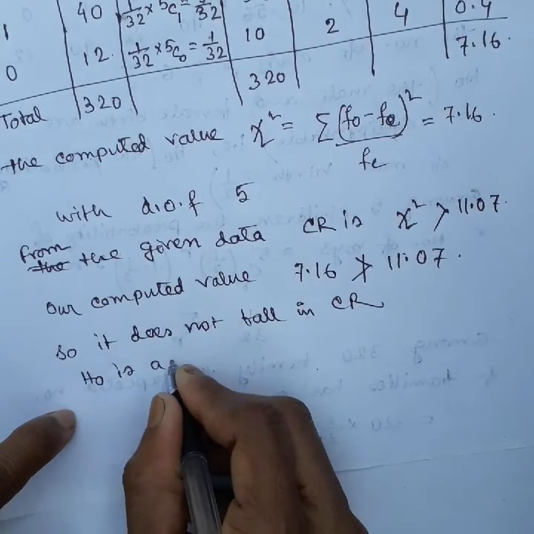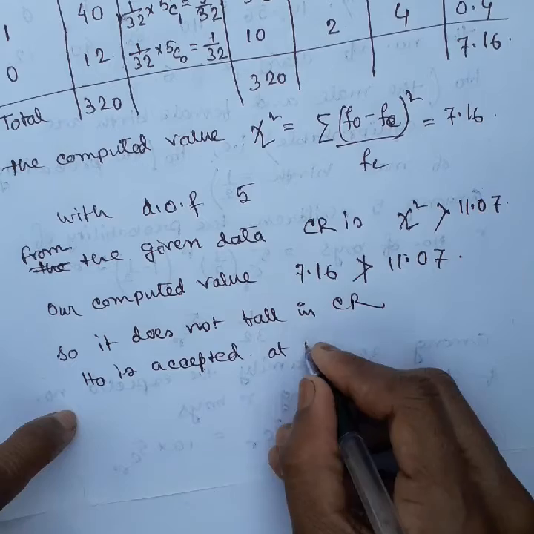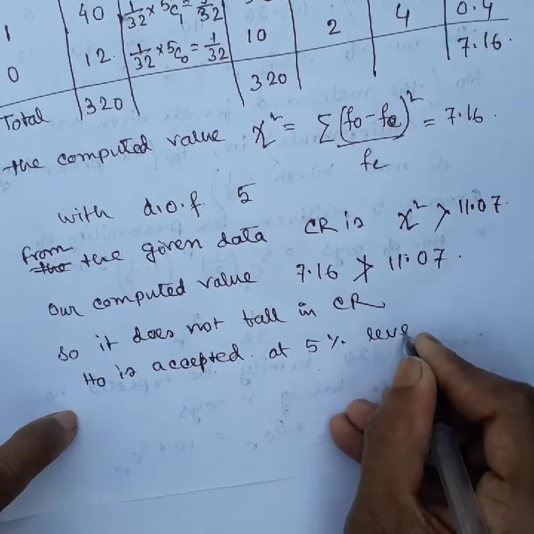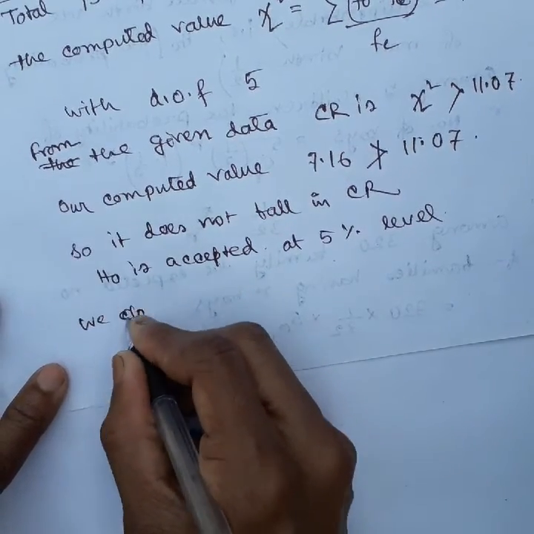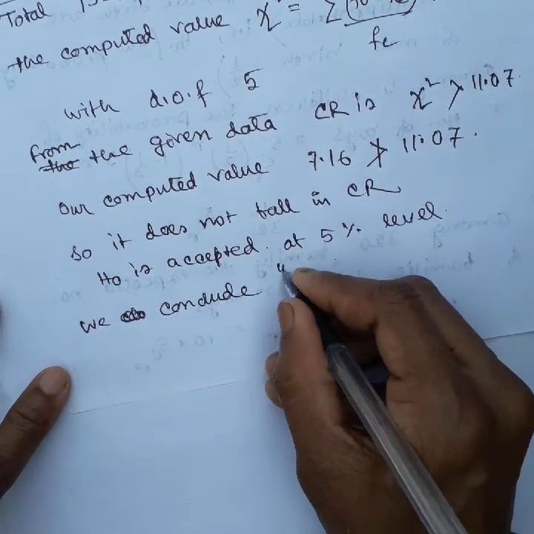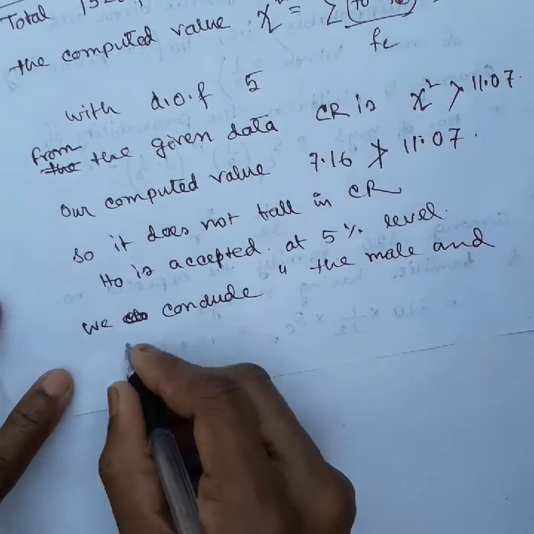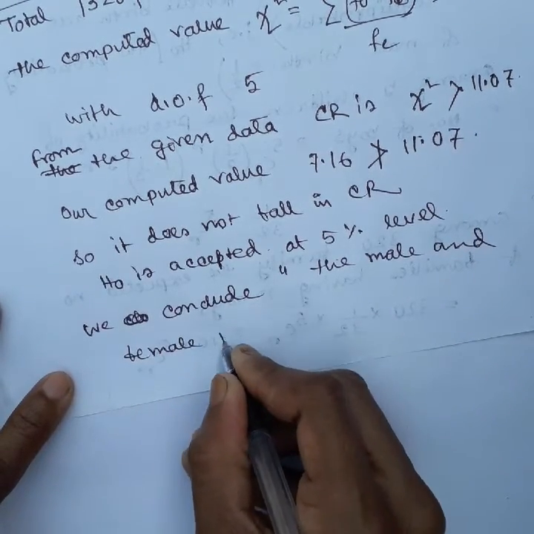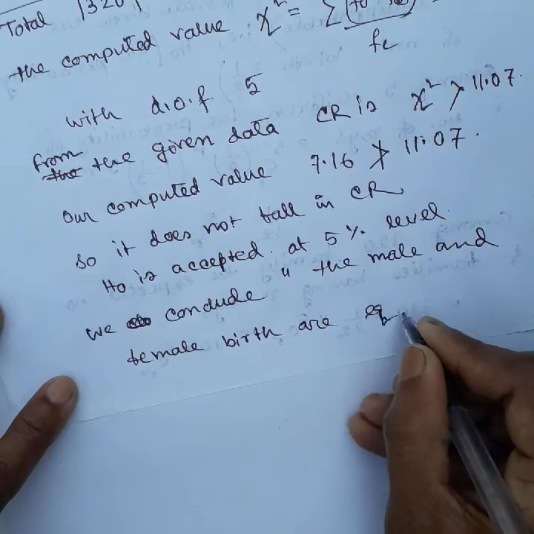That means H0 is accepted at 5% level. So we conclude that the male and female births are equiprobable.